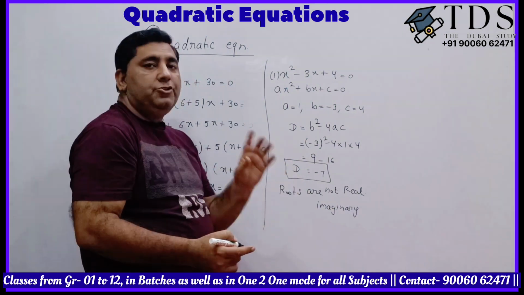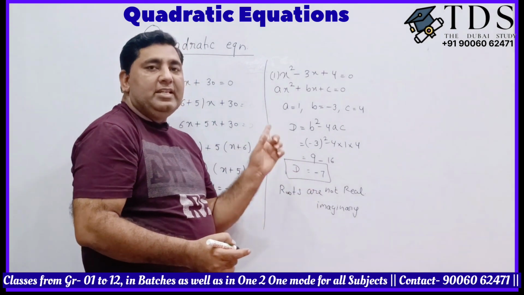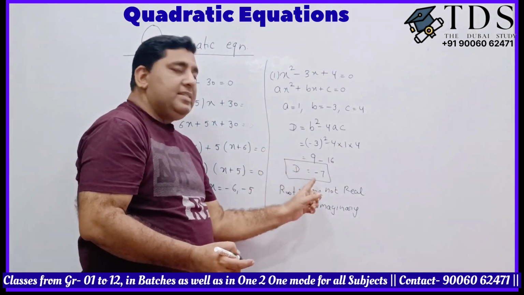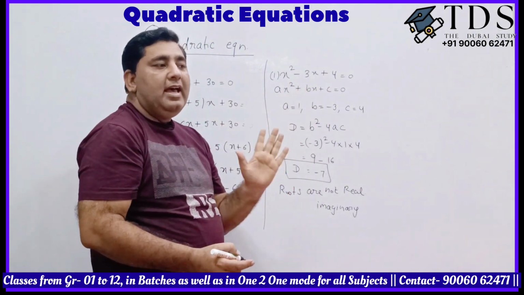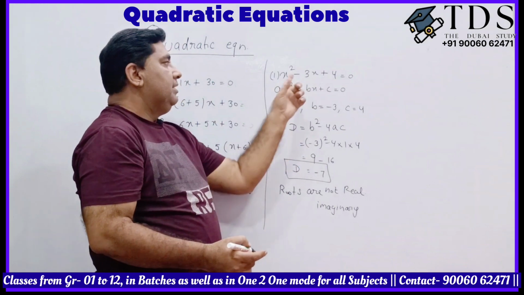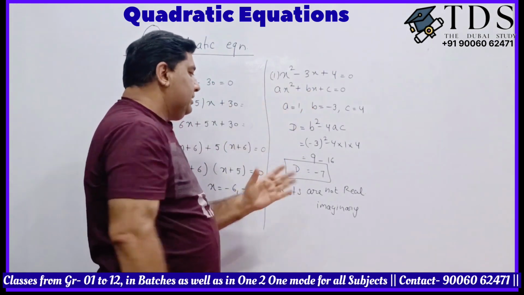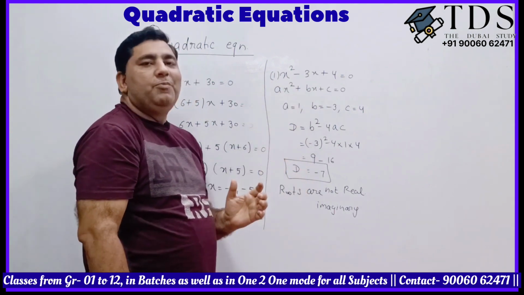It may have three possible outcomes. It may come negative, it may come positive, and it may come 0. If this comes negative, this quadratic equation will not have any real roots. So this is the topic for today.